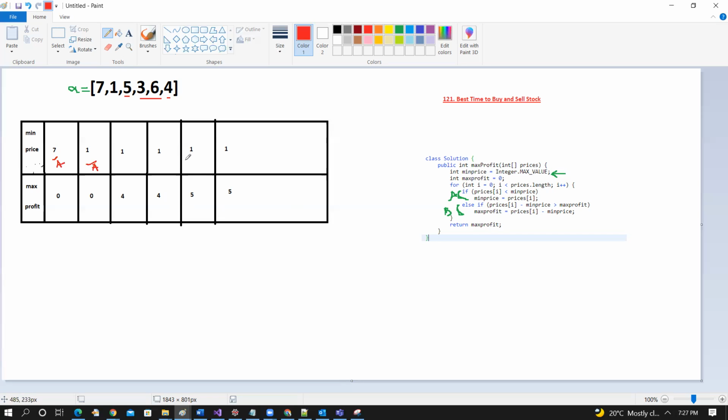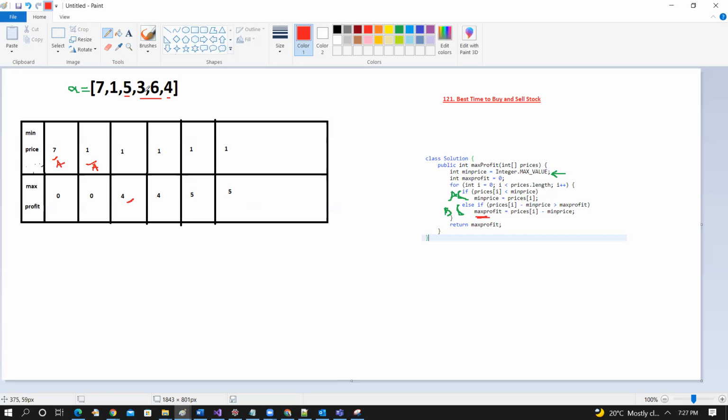Next, condition B gets fired. The next element, at the second index, is 5. The profit, 5 minus 1, is 4, which is greater than 3. We are calculating the profit and comparing it with our max profit, and if it is bigger, we need to redefine our max profit.